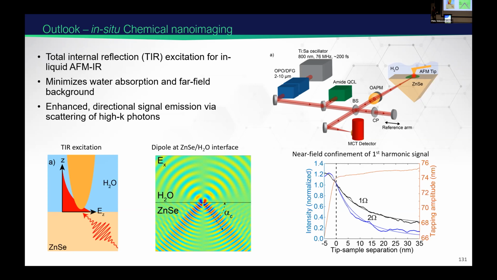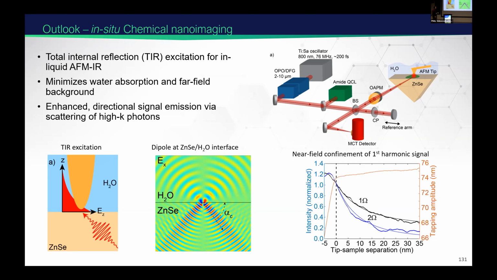It's a way to do in situ chemical nanoimaging based on an in liquid AFM, and we illuminate this AFM tip from below through an ATR IR transparent prism. And this then allows us to interrogate our samples in liquid and to get the same kind of chemical nanoimaging, but done with the protein in motion, in real physiological conditions.